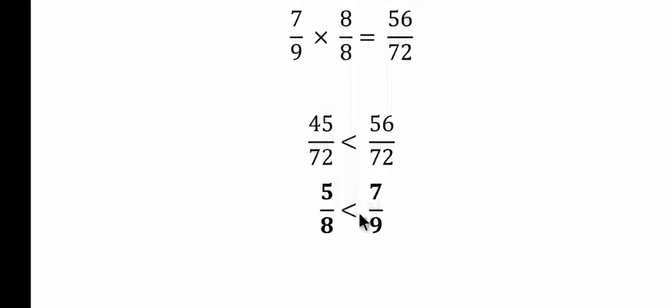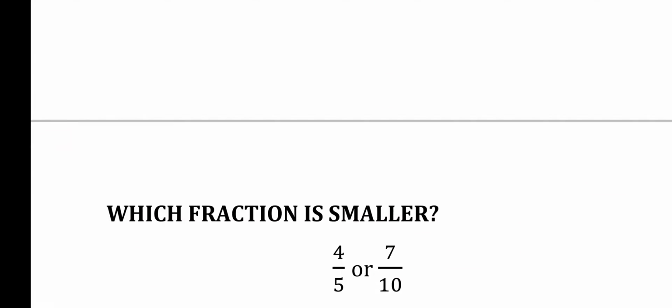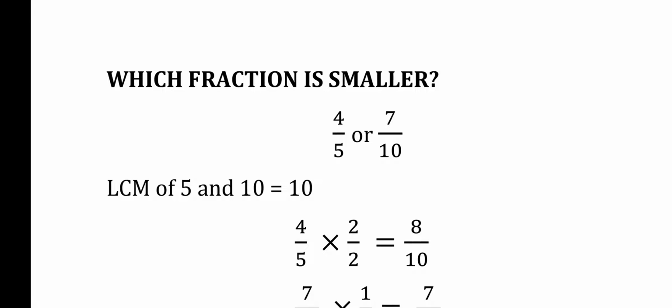So between 5 by 8 and 7 by 9, 7 by 9 is greater than 5 by 8. Similarly, if the question is which fraction is smaller, and if the fractions are given, then we'll check the denominators first. If the denominators are equal, then we can simply compare the numerators and find out which one is greater or which one is smaller.